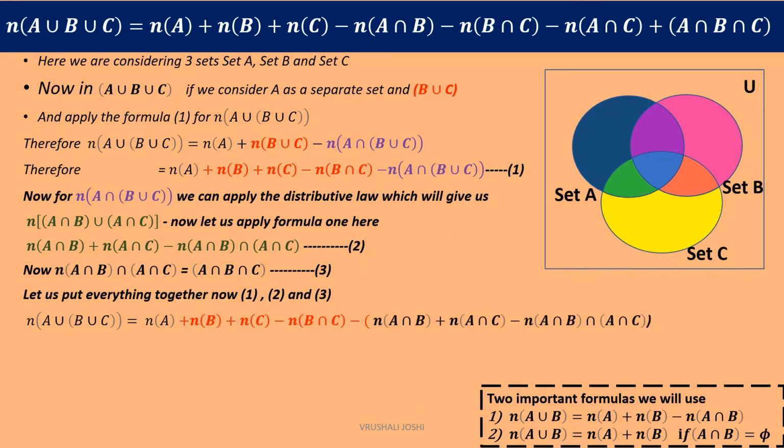So just by substitution, what do you get? Look at that. n of A union into bracket B union C is equal to n of A plus n of B plus n of C minus n of B intersection C minus, now there's a bracket, and inside the bracket we have n of A intersection B plus n of A intersection C minus n of A intersection B intersection A intersection C. If you open this bracket, everything inside the bracket will change signs.